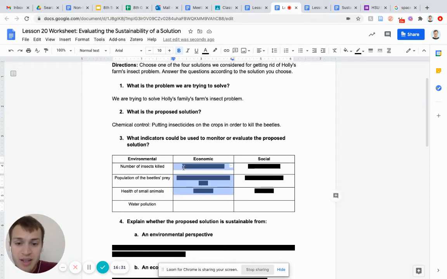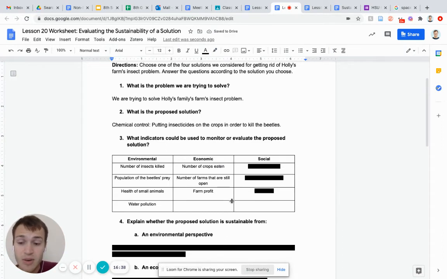Right, for economic, we have number of crops eaten. Actually, we should say this, number of crops that survive. For farmers, crops are money. So if you have a lot of crops survive, that means you get a lot of money. That would be good. That would show us that the economy is doing well, that we're helping the economy.